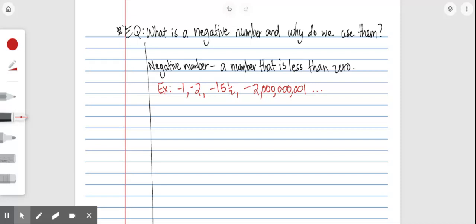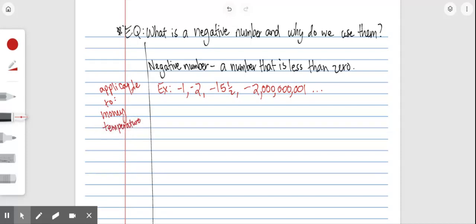start thinking about money. Okay, so negative numbers are applicable to money. Because when you owe money to someone or when you spend money, you're using negative numbers. They're applicable to temperature.